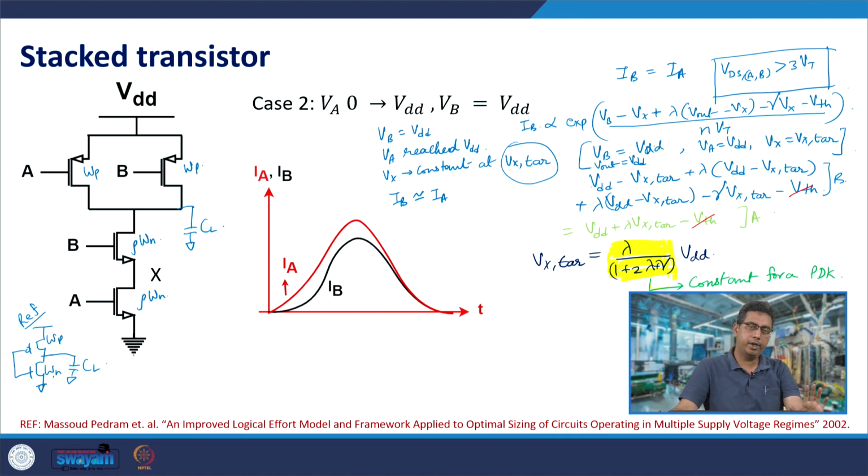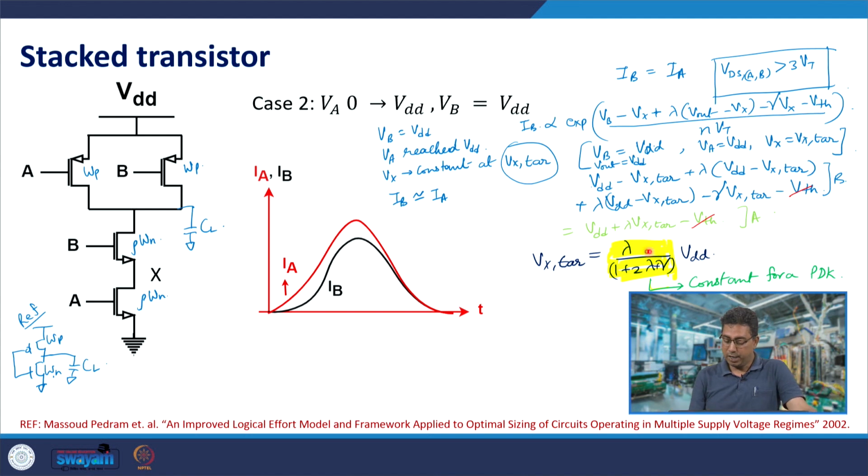You arbitrarily choose the widths of A and B, keep them equal, and obtain the value of Vx target through simulations. That will give you the value of this constant, lambda by 1 plus 2 lambda plus gamma. This is a constant for a given PDK and you get its value.